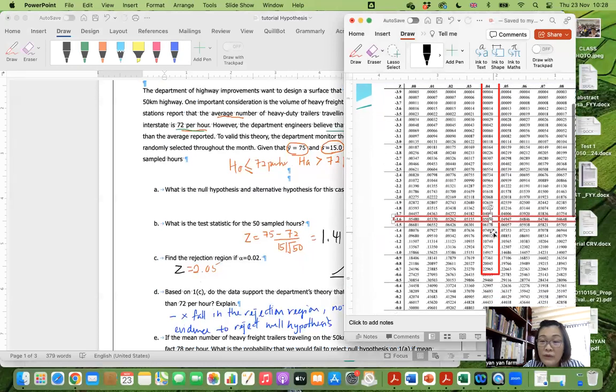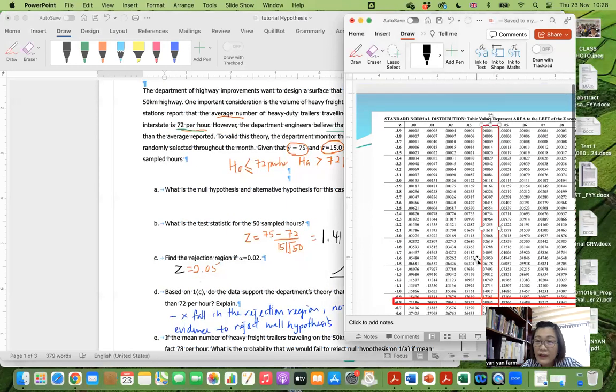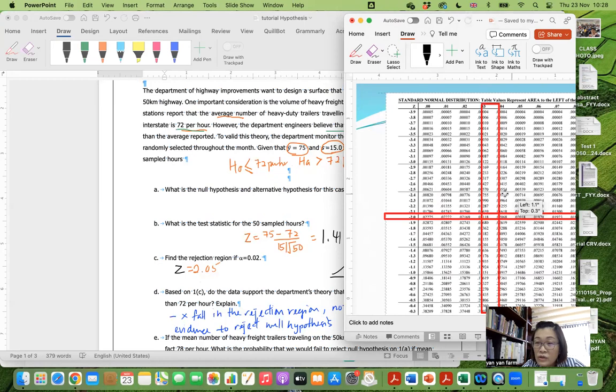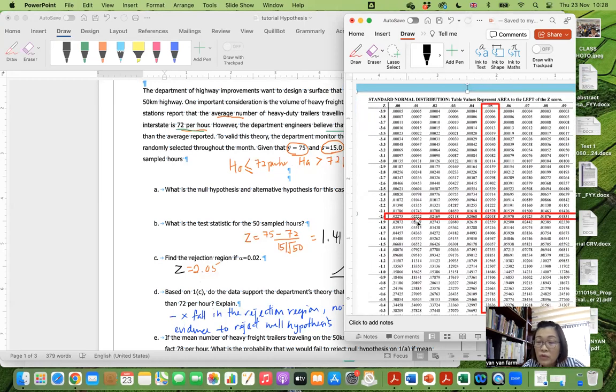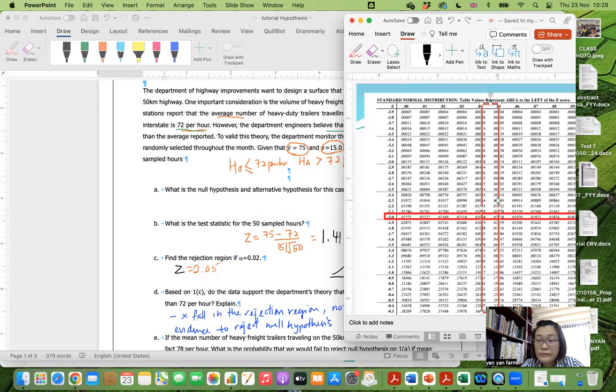So let's find 0.02. The closest one is 0.2018, which corresponds to 2.05.